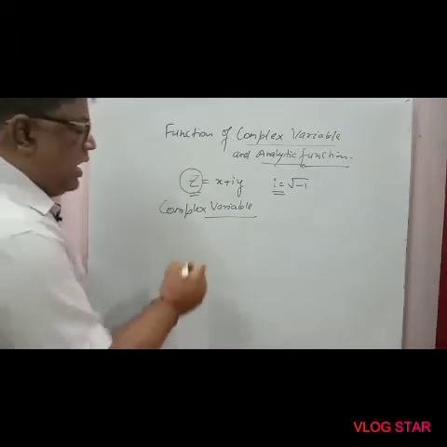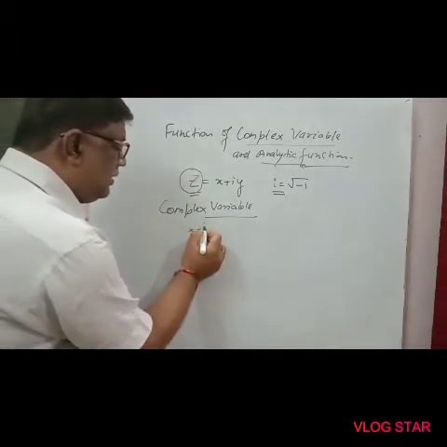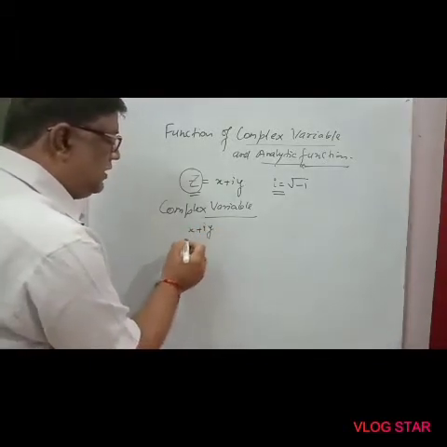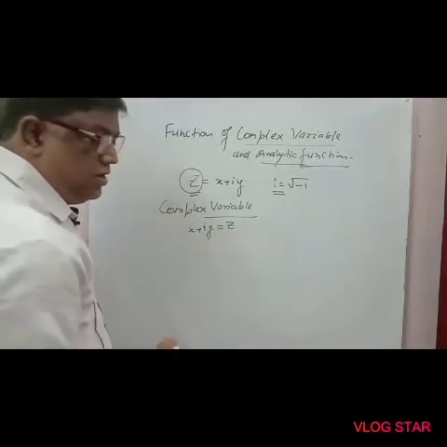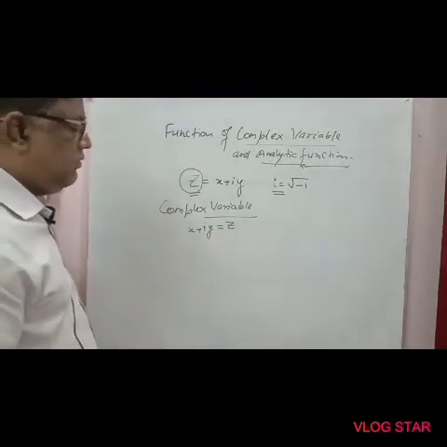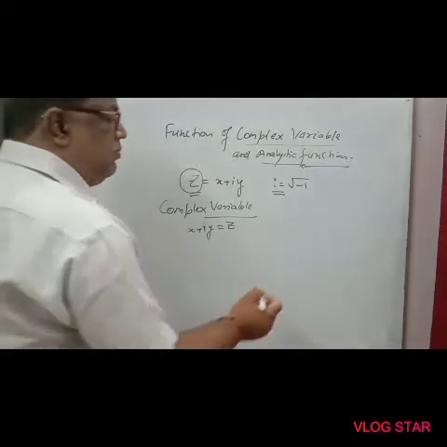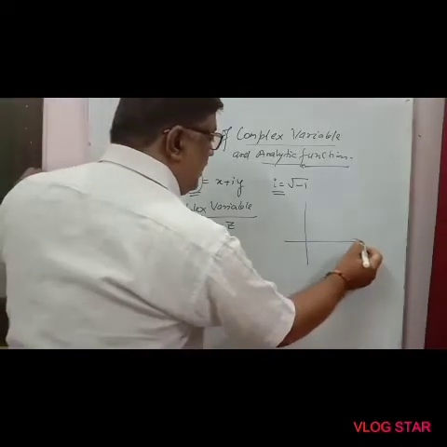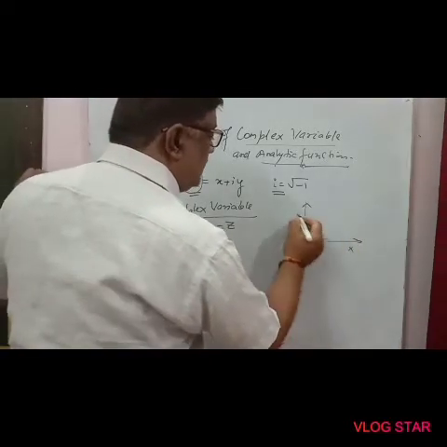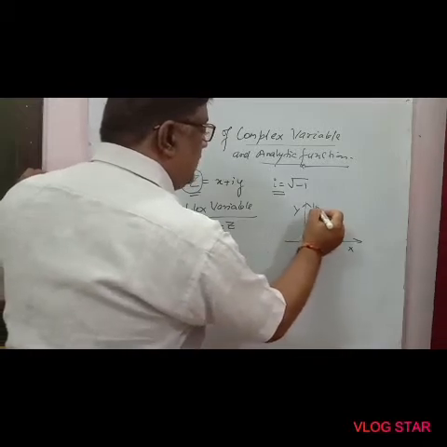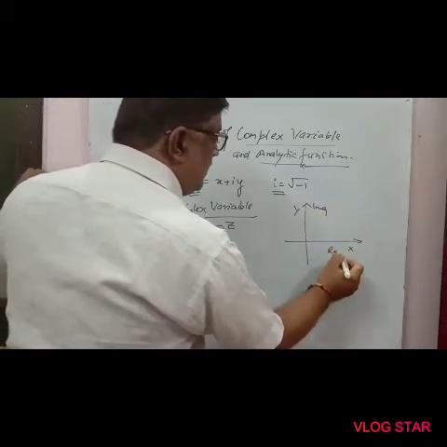Complex variable: as you know, x plus iy is a complex number, equal to z, where x is called the real part and y is called the imaginary part. We make the Cartesian coordinates here, x axis and here y axis. This is the imaginary axis and this is the real axis.